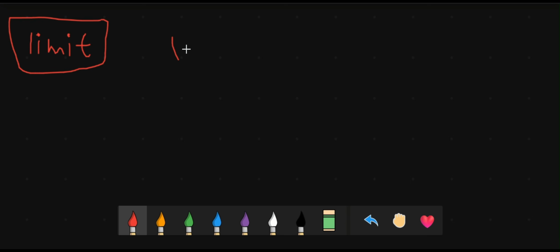So say we have the limit as x approaches 2 for x squared, this is the function by the way, plus x minus 6 over x minus 2.